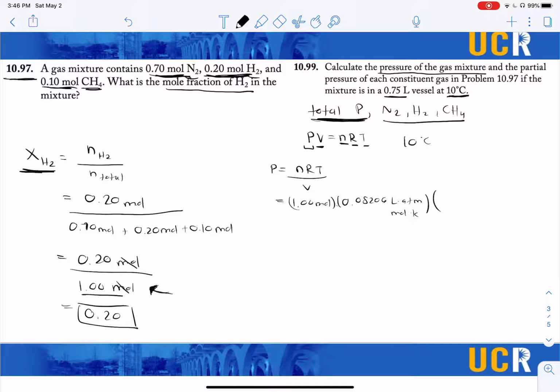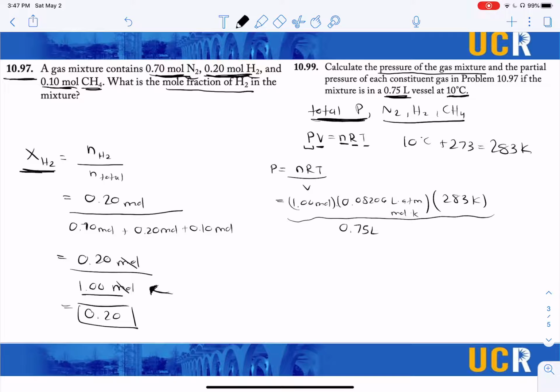We want to convert to Kelvin, so we add 273 to get 283 Kelvin. Divided by the volume, which is given to us again, 0.75 liters.